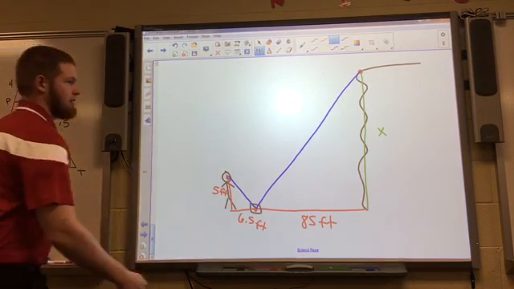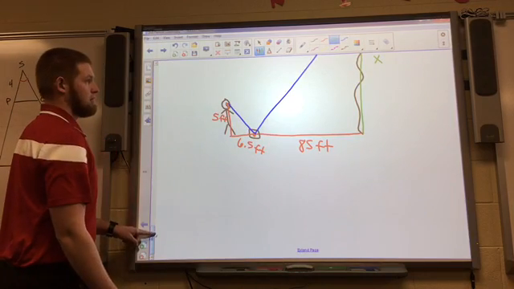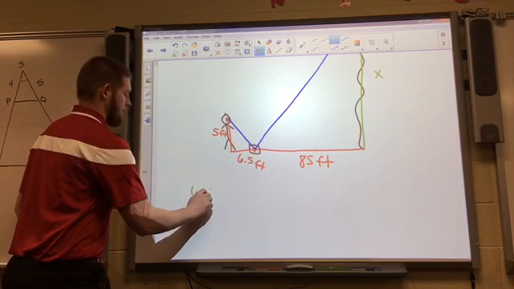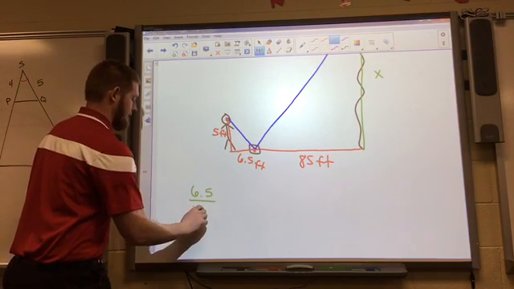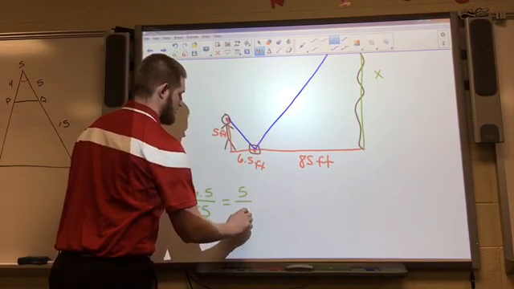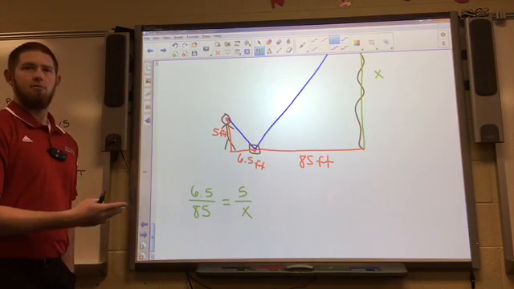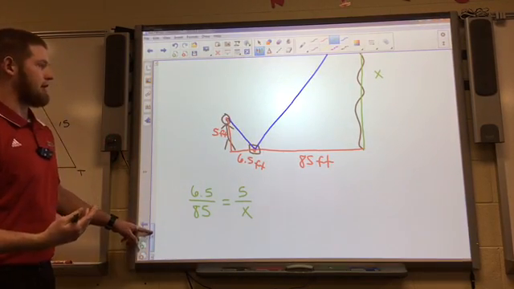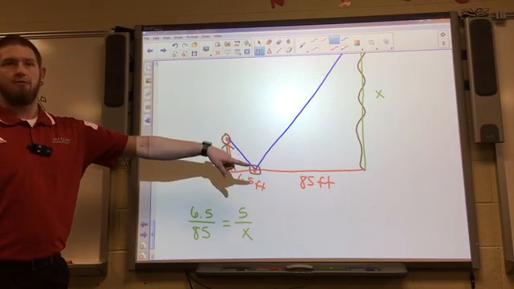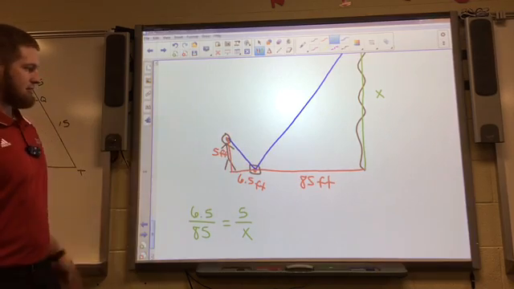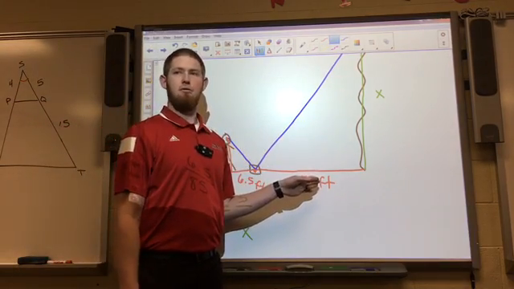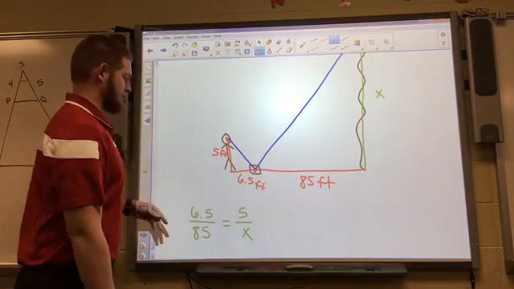Taylor Stokes, what would that proportion be? 6.5 over 85 equals 5 over x. Are there multiple ways to set that up? Yeah. Personally, I would have done 5 over x equals 6.5 over 85. People last class did 5 over 6.5 is x over 85. Does it matter? It doesn't matter as long as they have something in common.